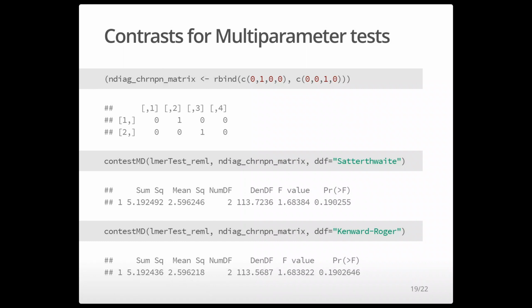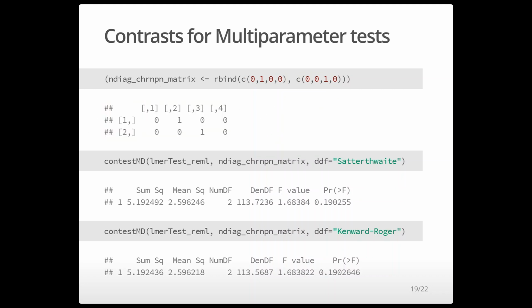When you looked at this in lecture, Dr. Cham entered this part directly into the contestMD function. I'm doing it as a separate object just to show you what it looks like. So here, what this rbind is doing is binding these two rows together into a matrix. It's saying this is one row of the matrix, this is a second row of the matrix. Let's smush them together, and it gives you this, which is what I described before.